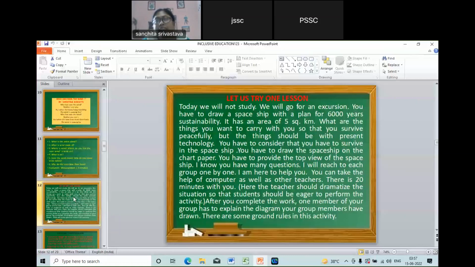Someday you can just say, okay, let's go for an excursion, and see the enthusiasm in the children. But make them understand that excursion means we can go from here only. You can ask some children to dramatize a spacecraft.